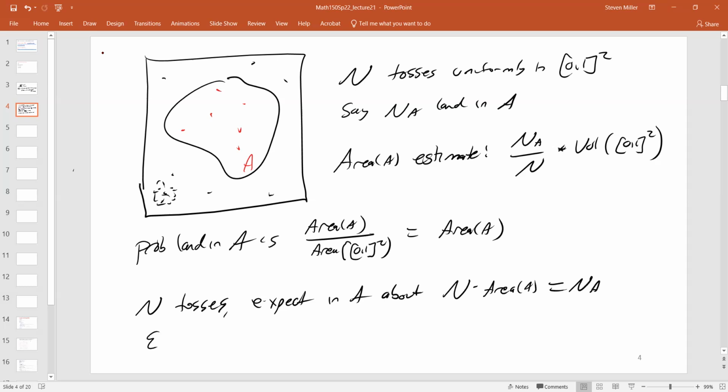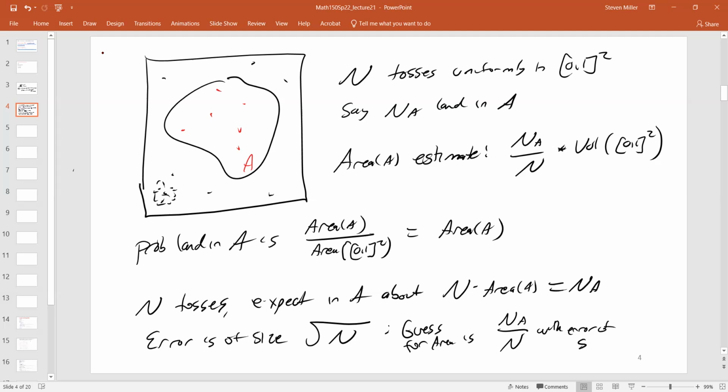And then the error is of size square root of n. So that's where you use some probability. Okay, so then our guess for the area is N_A over n, with error of size square root of n over n.